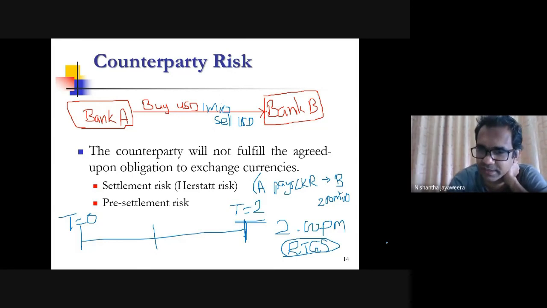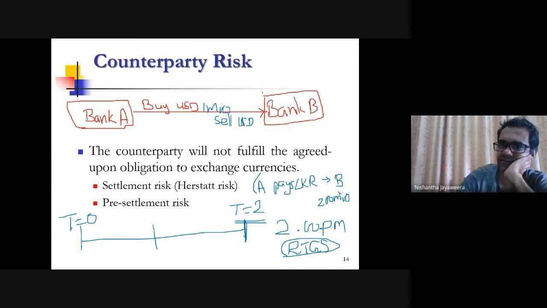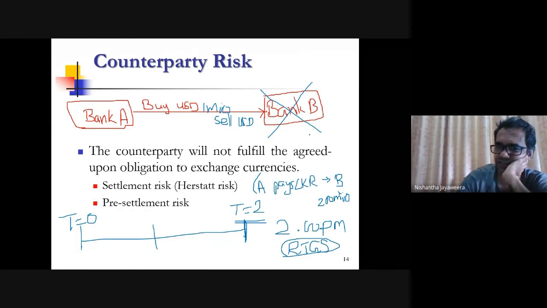But in between, whenever Bank B transfers money to Bank A's Nostro account through their respective Nostro agents, for whatever reason Bank B can go bankrupt, or no longer exist, or cease its operation.